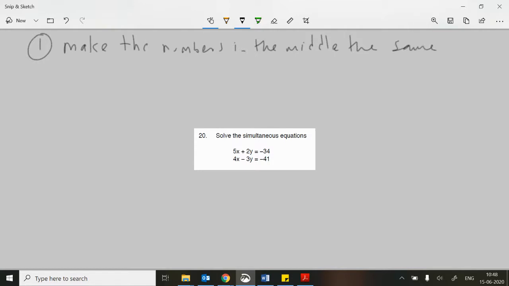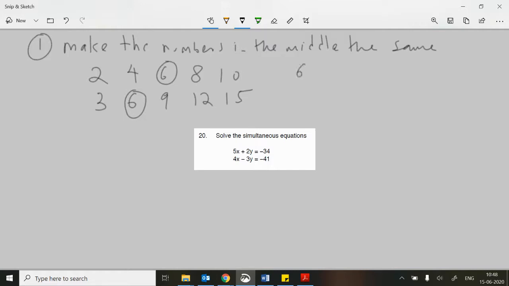Okay, now we're going to take the 2 times table, because there's 2y there. I'm going to say 2, 4, 6, 8, 10. We'll take the 3 times table. So 3 times table is 3, 6, 9, 12, 15. And so remember what we did before, we need to work out the lowest common multiple, because it's not a fraction.